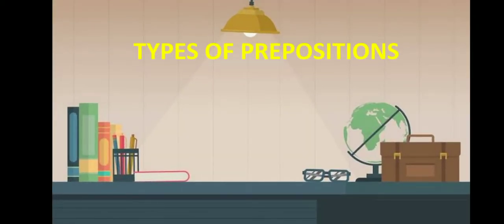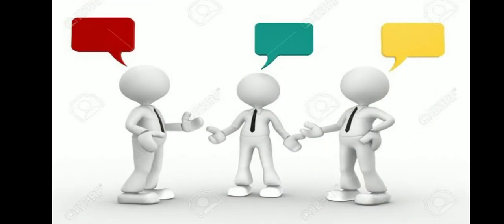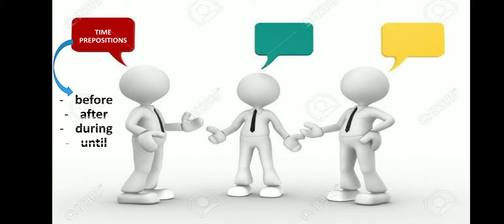Let's proceed to the types of prepositions. There are actually three types of prepositions, including time prepositions, place prepositions, and direction prepositions. Time prepositions are such as before, after, during, and until.